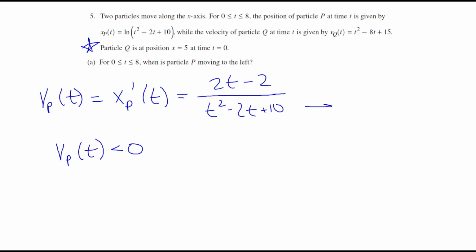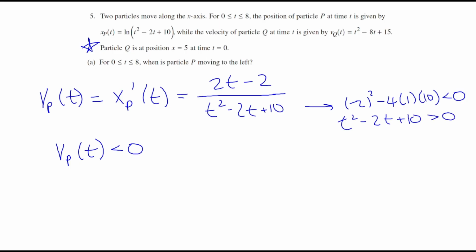And if we think about the denominator, t squared minus 2t plus 10, we know that the discriminant, b squared minus 4ac, that chunk of the quadratic formula that's inside the square root, if we evaluate that, negative 2 squared minus 4 times 1 times 10, we get a number that is clearly less than 0. So we know that the denominator is never equal to 0.